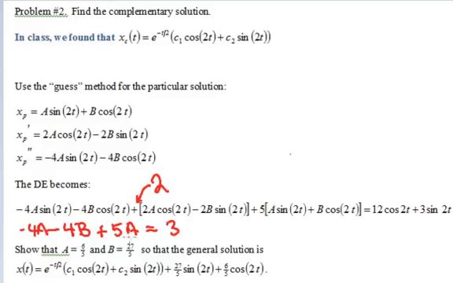And so if I simplify this, negative 4a plus 5a, so I just get a minus 4b equals 3, or a equals 3 plus 4b.